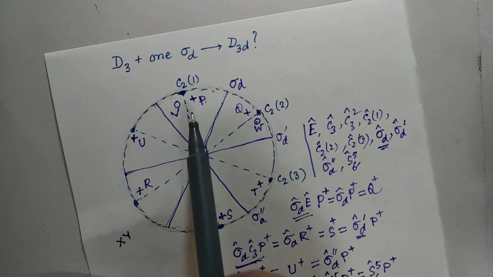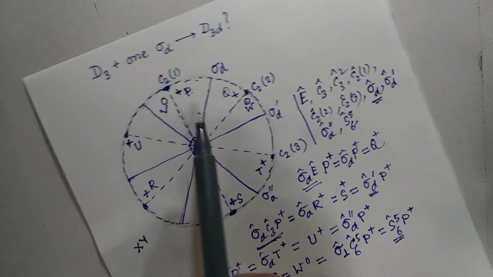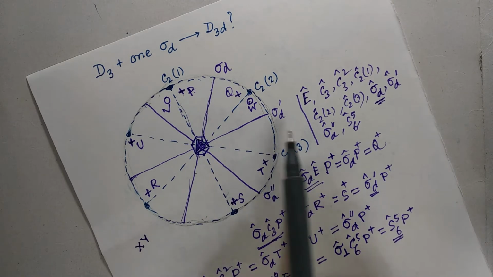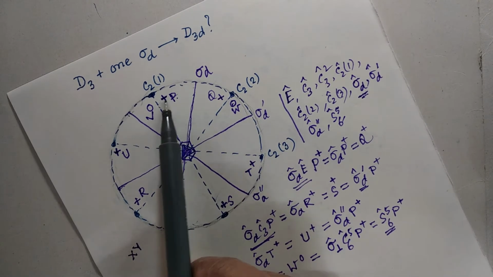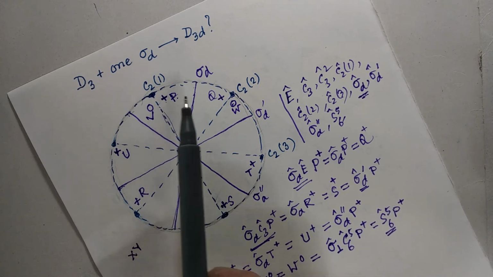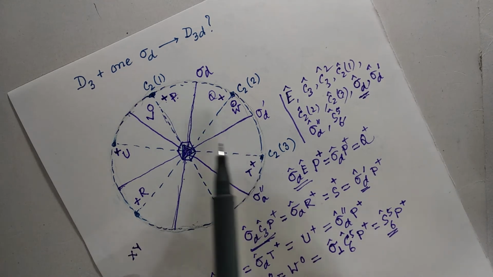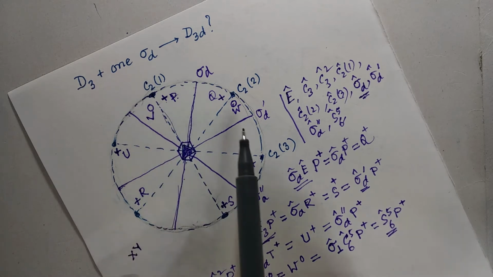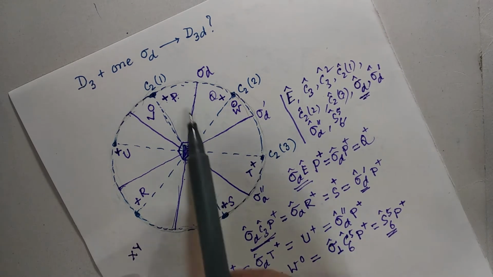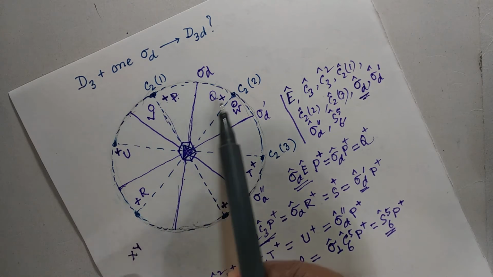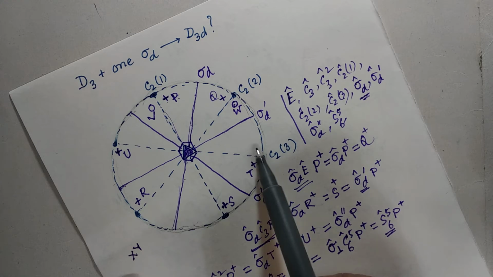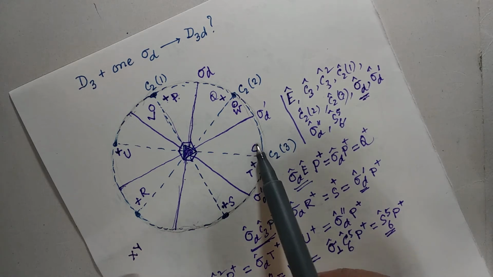If we rotate P plus about this axis C2 2 through 180 degrees, that is, we have to rotate in this way. From above we will go to a position below the point if we rotate about this axis. So its image after C2 2 operation will be like this.